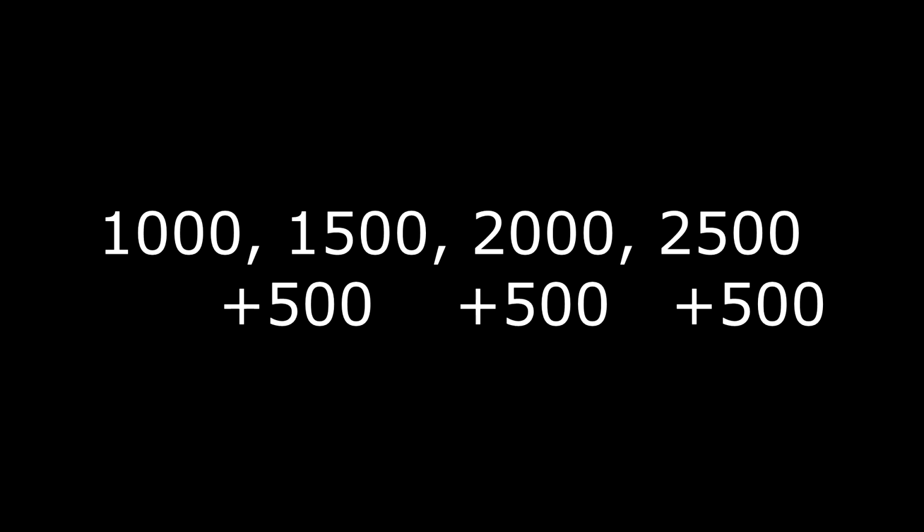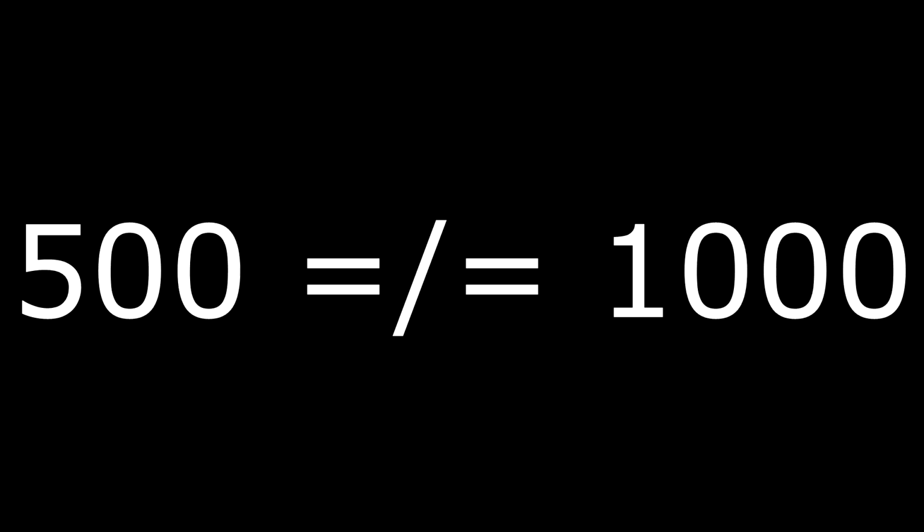But hold on. We still need to somehow get the starting salary of 1,000. So we need to add another 500, which would then give us a formula. 500n plus 500. We can use this to calculate any year's salary by substituting for n. By doing this, we also see that we have a series created by this problem.